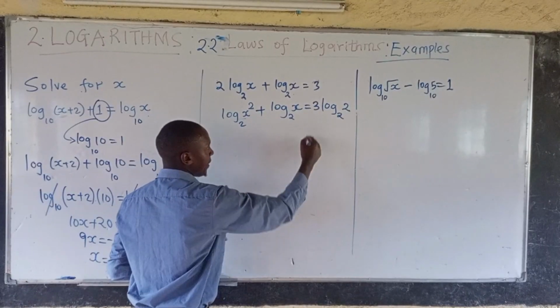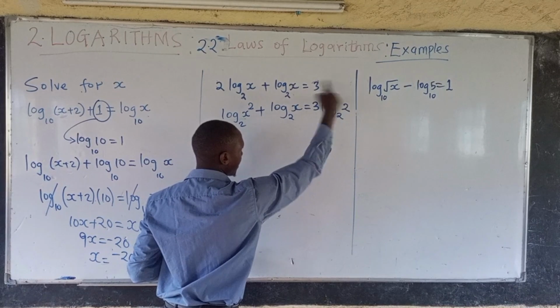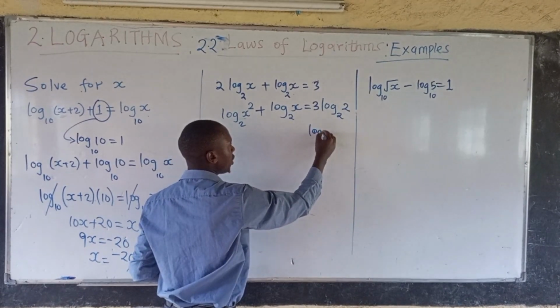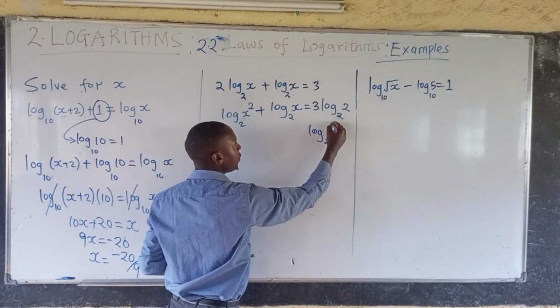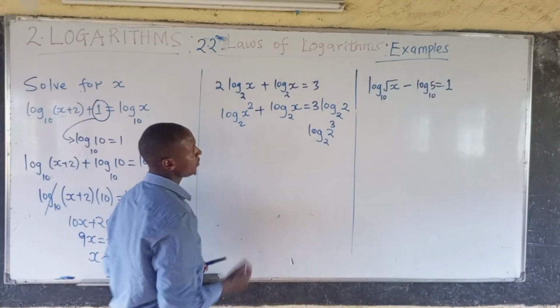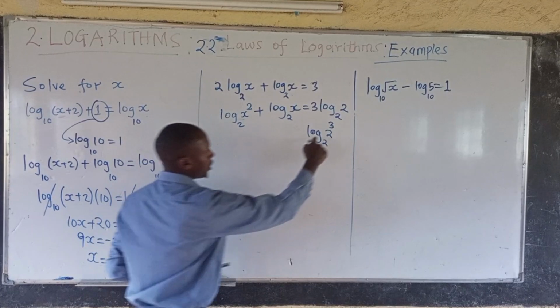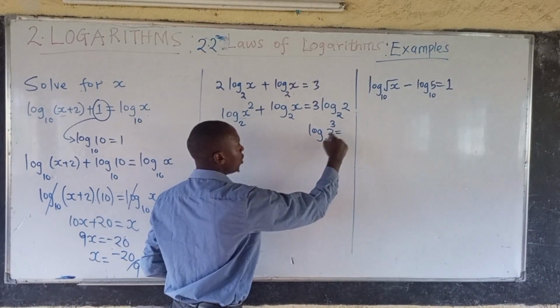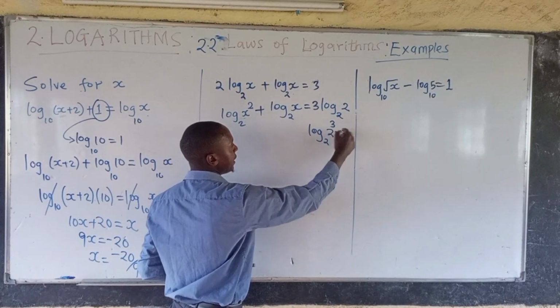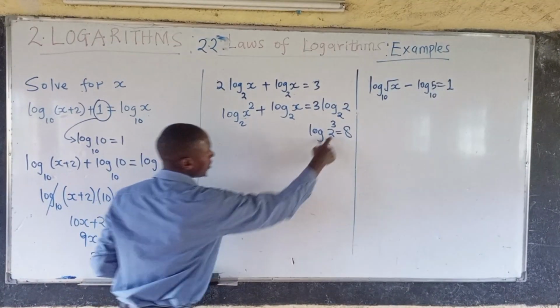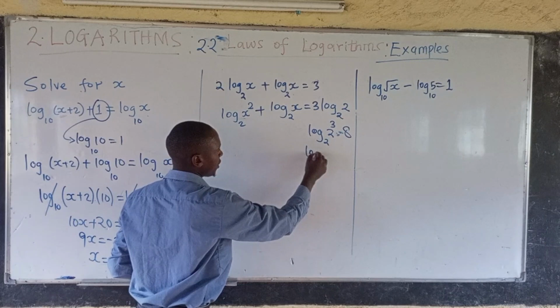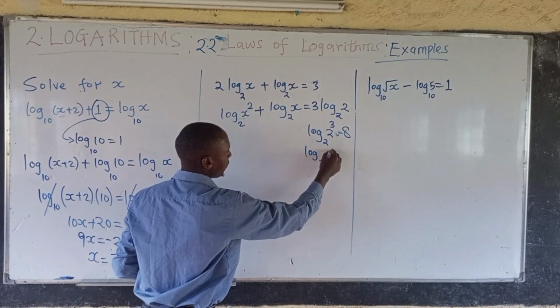This side can be written as log to base 2 of 2, and this 3 becomes a power. 2 power 3 is equal to 8, so we have log to base 2 of 8.